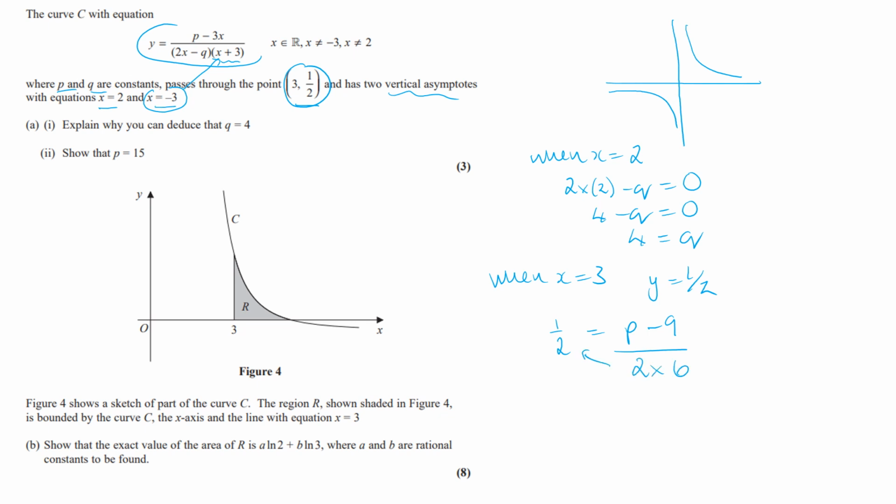So then we cross multiply, we're going to get 12 is equal to 2p minus 18. So just take that over. 12 plus 18 is 30, is equal to 2p. P is equal to 15.